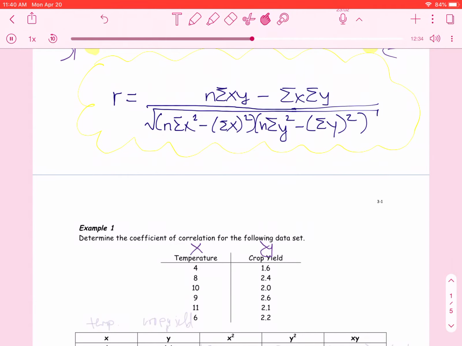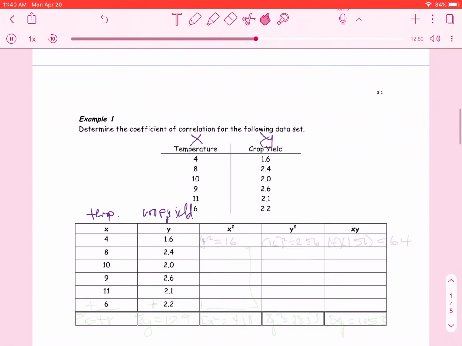This data is already organized for you, in your x column and your y column. What you're going to do is square all of your x's, square all of your y's, and then find the product of multiplying x times y.